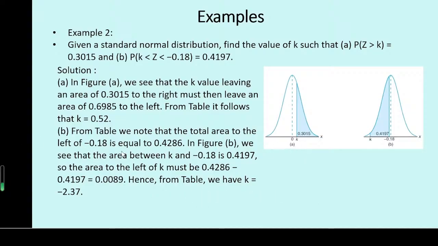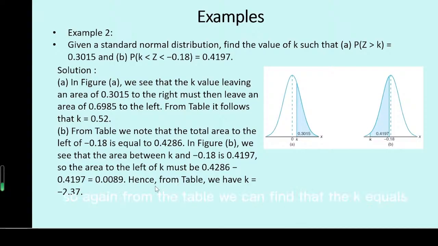For question B, also from the table, you can find the total area to the left of minus 0.18 is equal to 0.4286. In figure B, we see that the area between k and minus 0.18 is 0.4197, which means this small white area is about 0.0089.